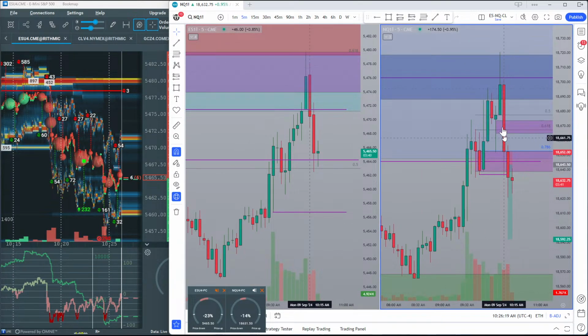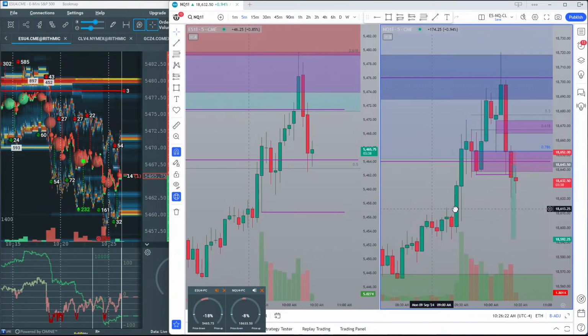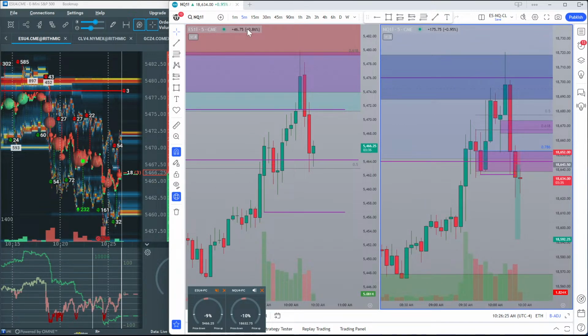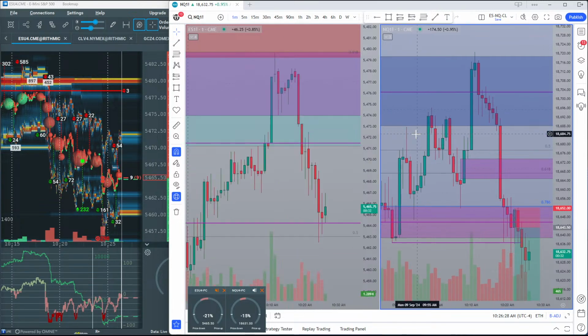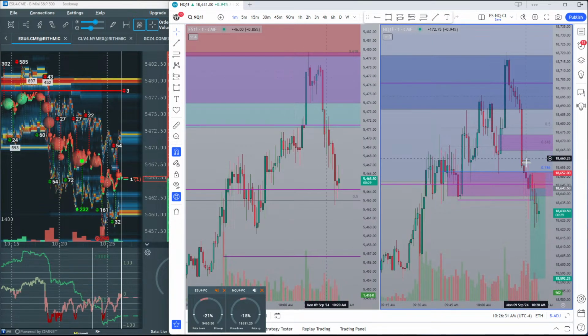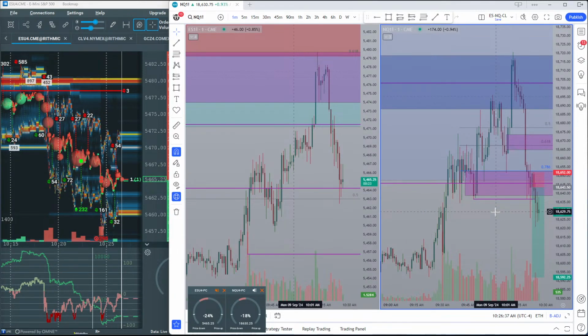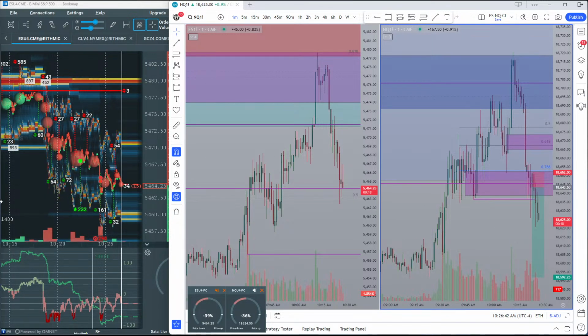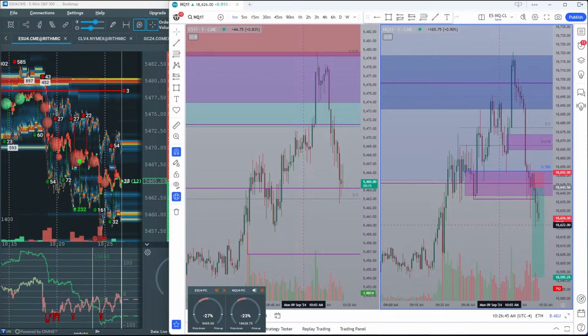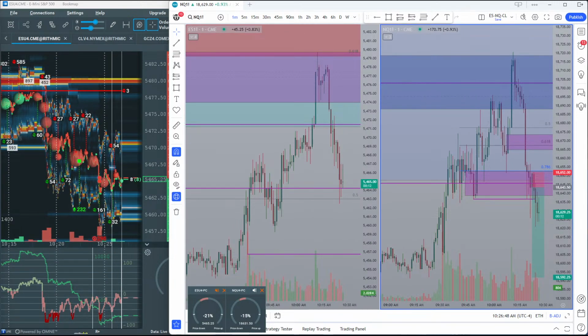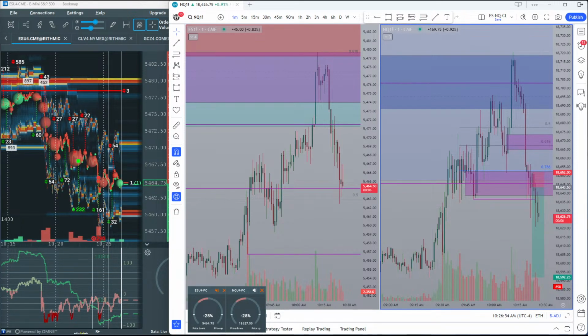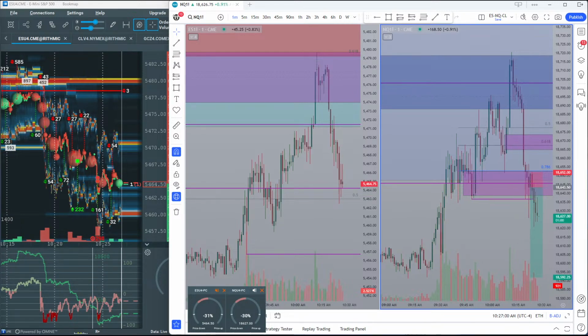We have a 5-minute fair value gap up here. I don't want to dismiss that, especially because we have that inverse fair value gap in it. Let's see, I'm trying to think.